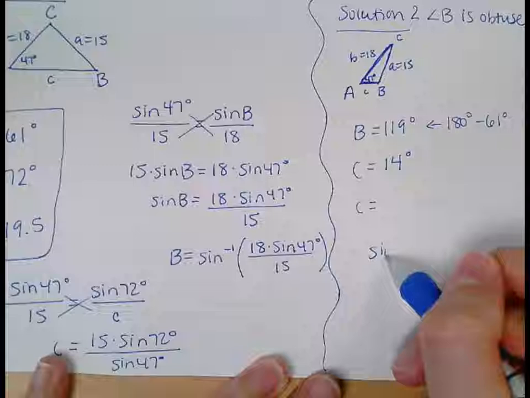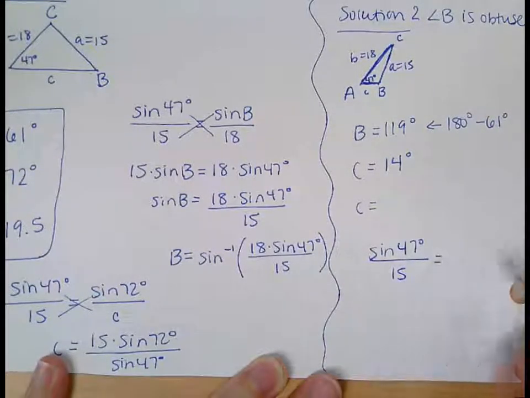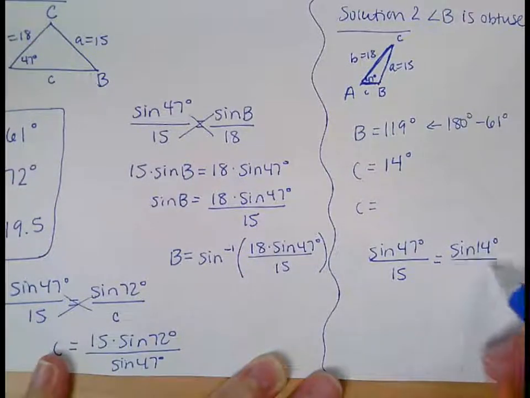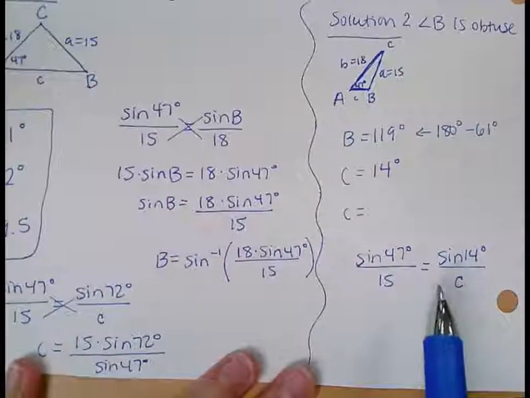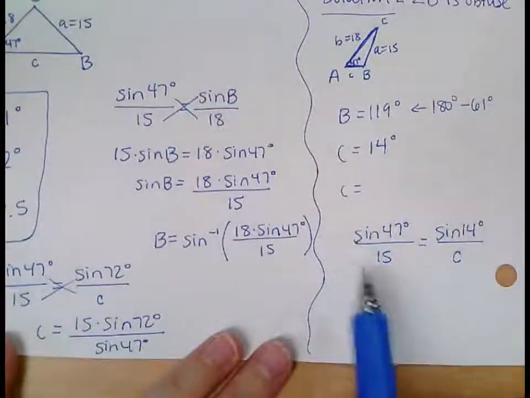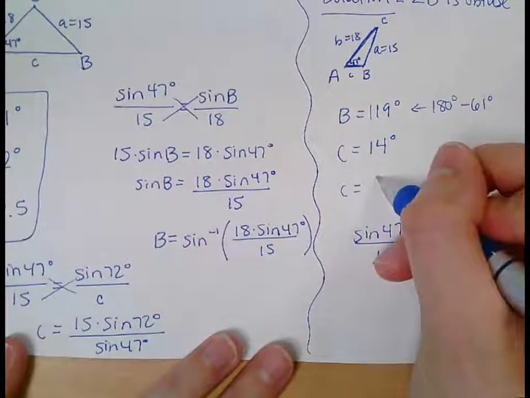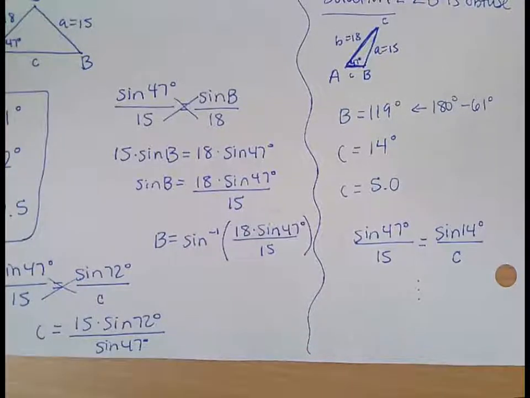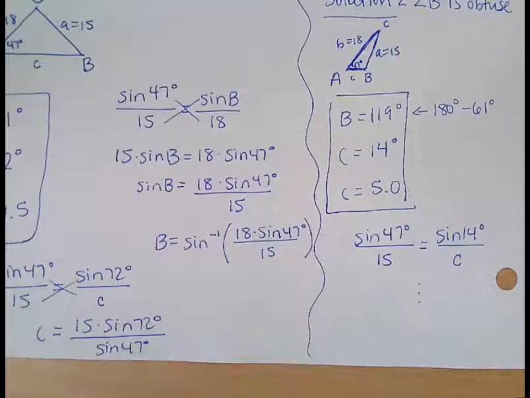So we would still have sine of angle A, 47 degrees, over side A, 15, equals sine of angle C, 14 degrees in this case, over side C. And then just to save us some time, solving that proportion, side C would come out to be, to the nearest tenth, 5.0. And this would be the second solution to that question.